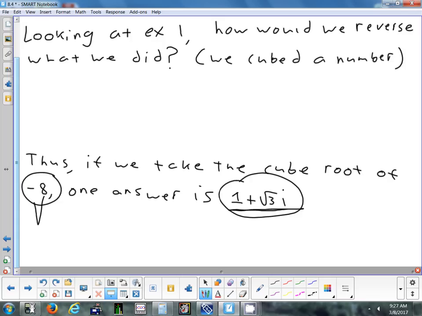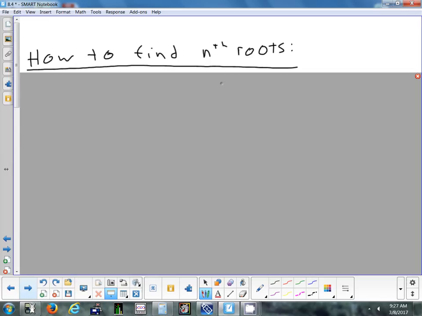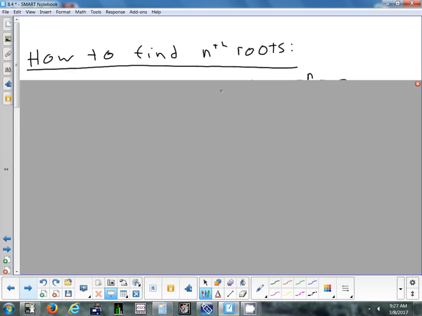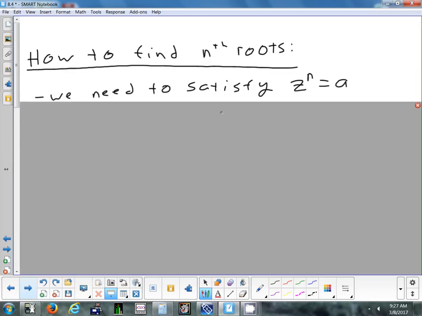That's kind of where we're heading now. So the last thing we're going to look at is roots. All right, so I'm going to write down how to find nth roots.